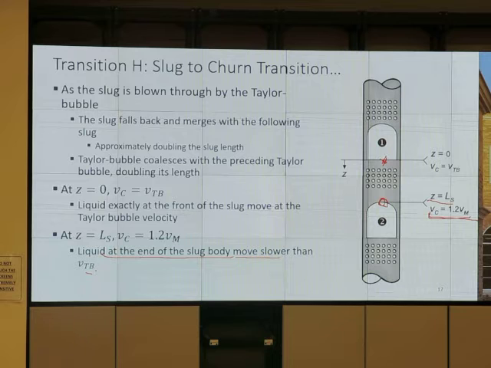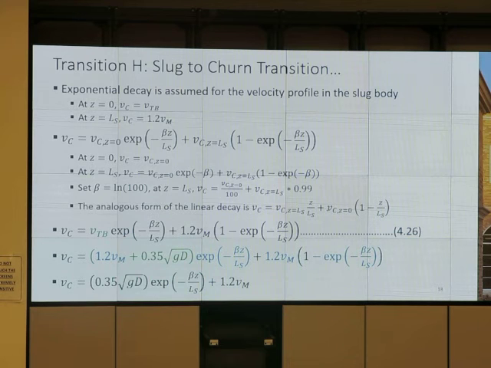So liquid exactly at the front of the slug moves at the Taylor bubble speed. It's not the same. And let's see about exponential decay. Instead of linear, we assume exponential decay of the velocity profile.